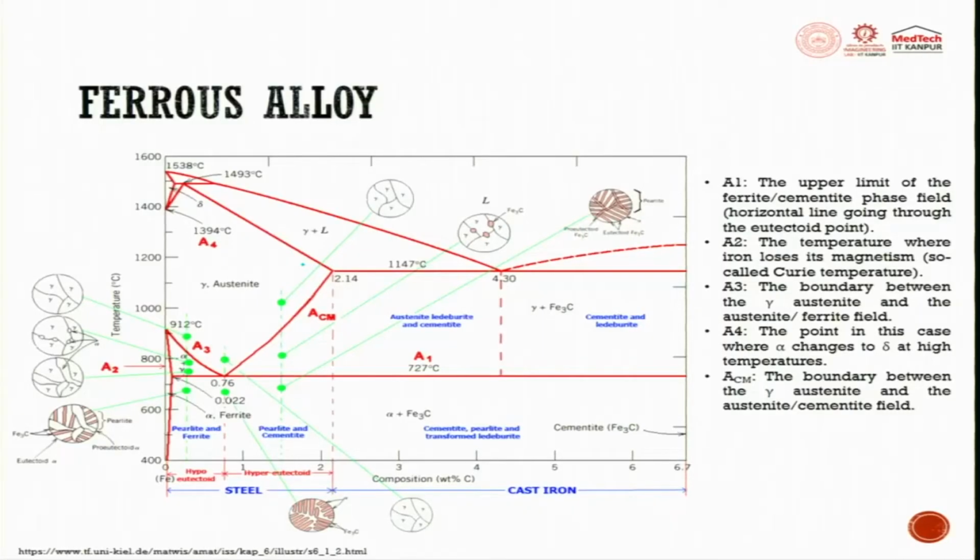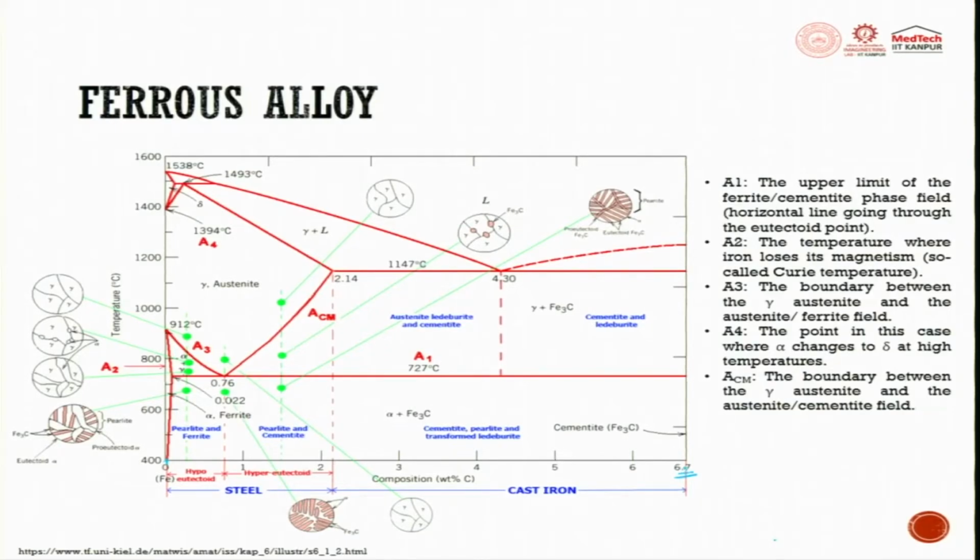Here you have 0 carbon, and the maximum carbon in cast iron, when carbon gets diffused into iron, can go up to 6.7%. Anything above 6.7 does not form a proper alloy and does not have engineering properties.